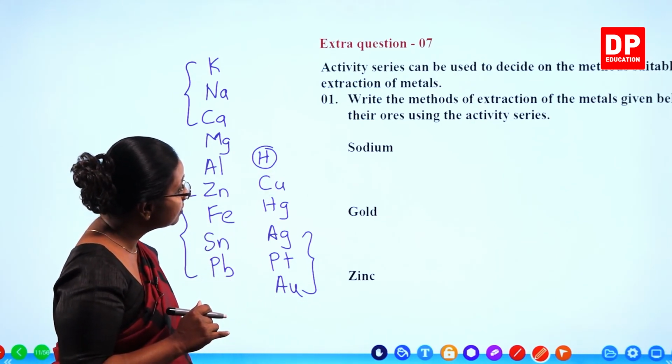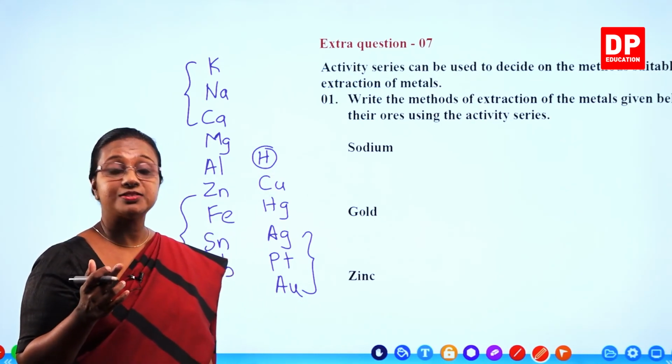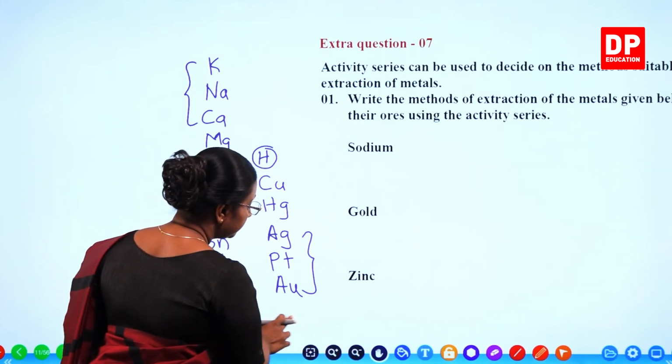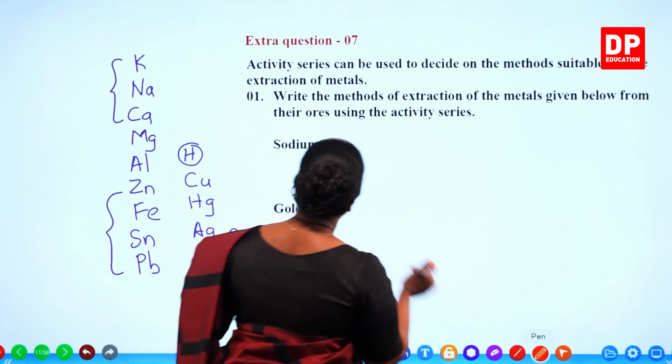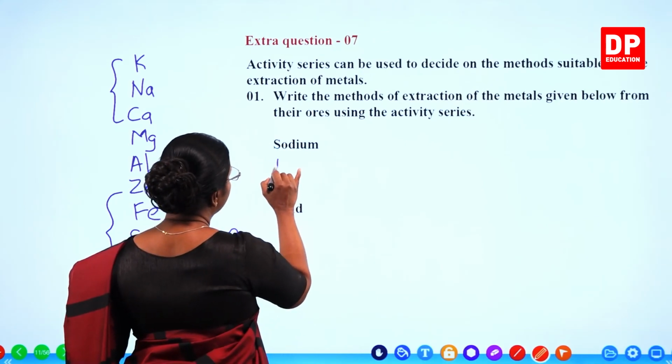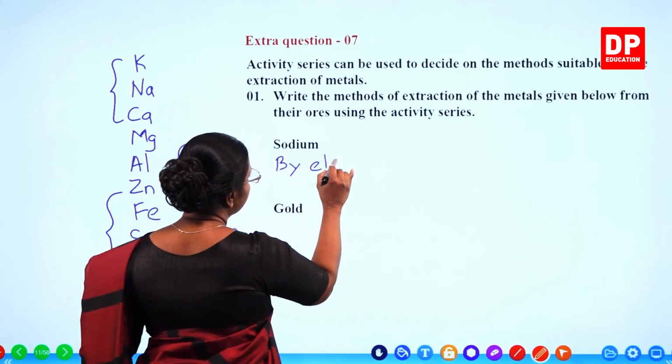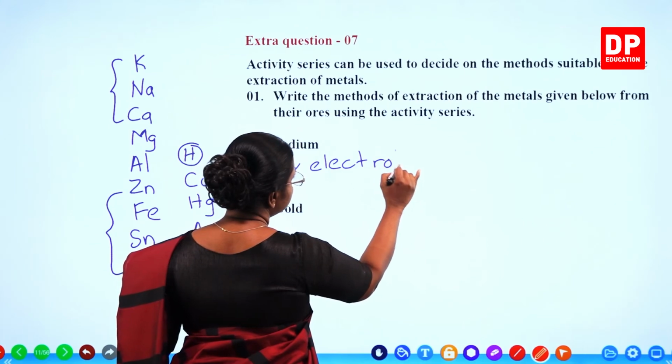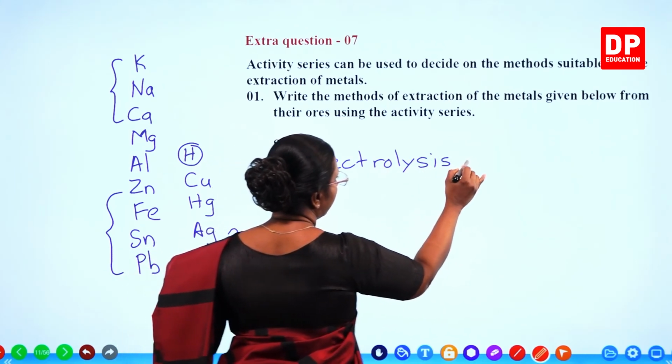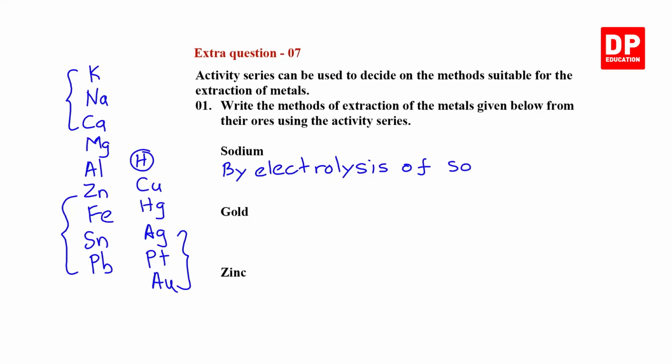So, what is the first method? Sodium. How do we extract sodium? By electrolysis of sodium compounds, chloride. Now, this is how sodium is usually present.